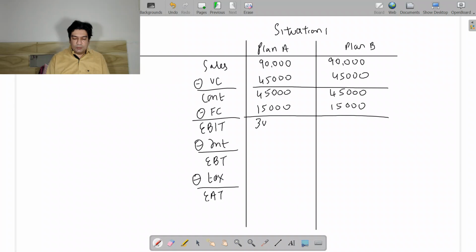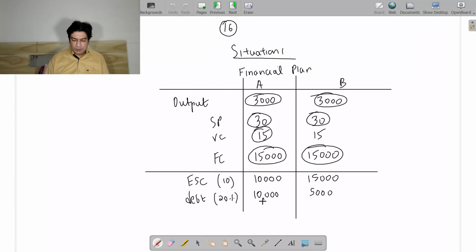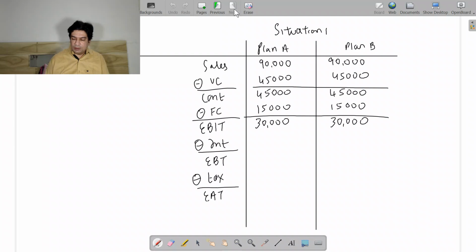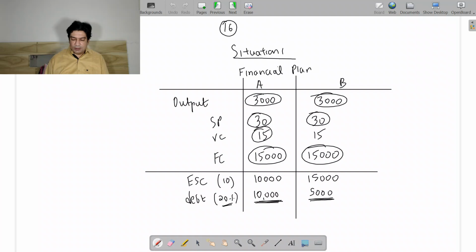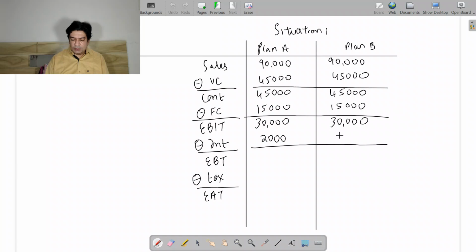So here you are going to get 30, and here also 30. Then the interest: 10,000 is the debt and 20% is the rate of interest, so 2,000 will be the interest here, and on 5,000 at 20%, 1,000 will be the interest here. So this will be 28,000 and this will be 29,000.